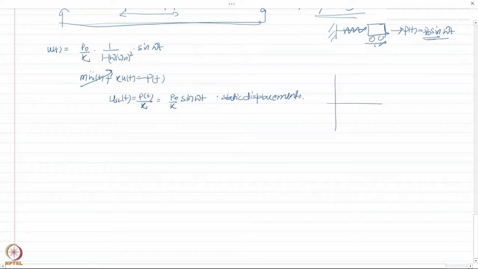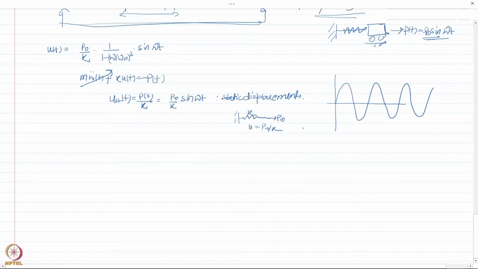If I'm applying a sinusoidal force, the deformation is basically whatever force is applied divided by k. It was very simple: if a spring is given to you and a force p naught is applied, you would simply find the displacement is p naught by the spring constant k.